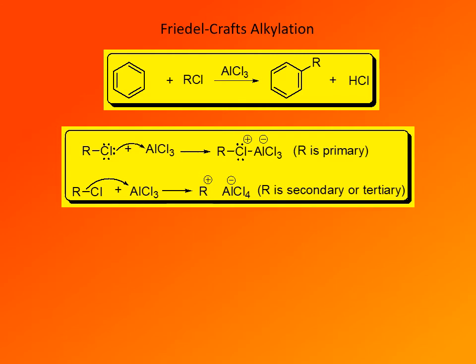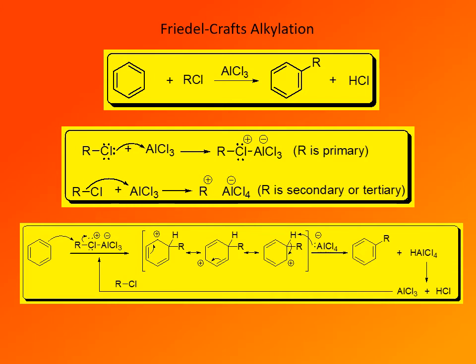If the alkyl group is secondary or tertiary, or is primary but could rearrange to secondary or tertiary, then the activated electrophile is an ionic compound. It is actually a carbocation, accompanied by the corresponding anion, the aluminum tetrachloride anion.